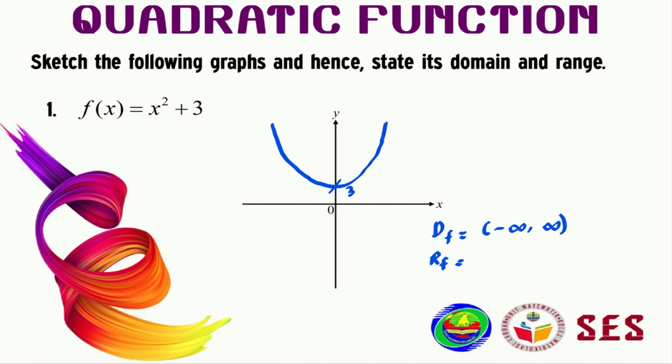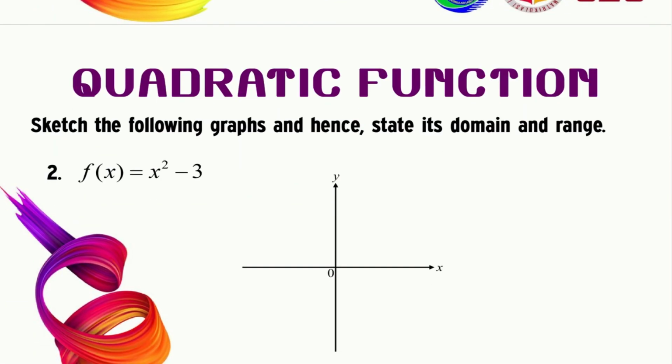In this case, we have a minimum point since x squared is positive. This is the lowest point the graph can reach, and therefore our range should start from 3 up to positive infinity.